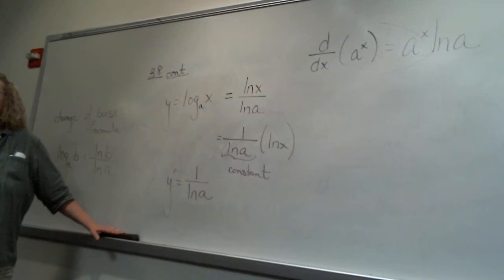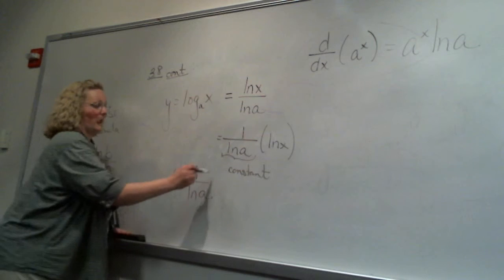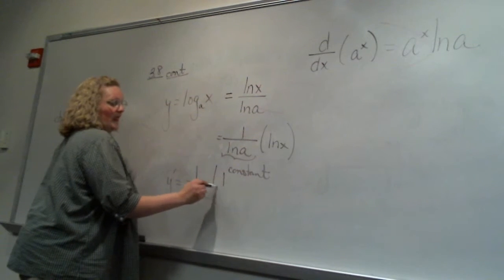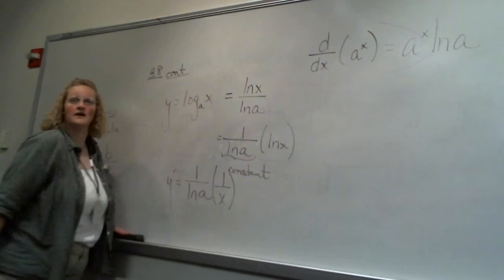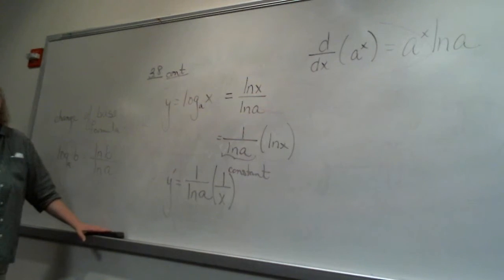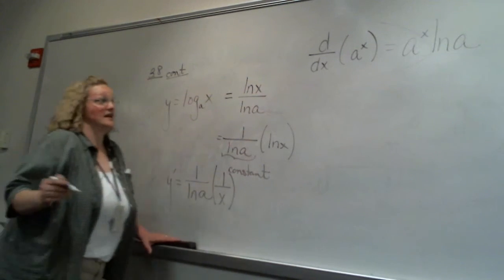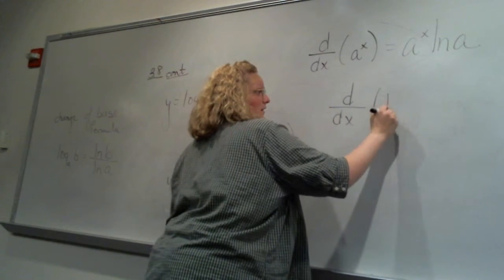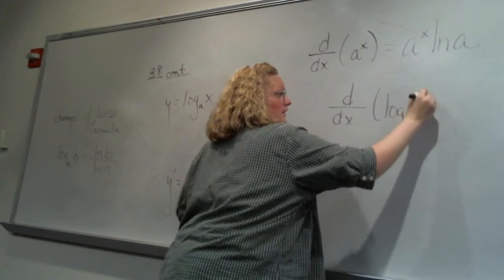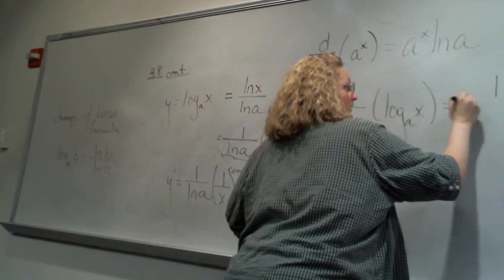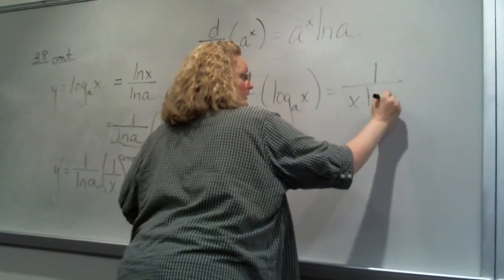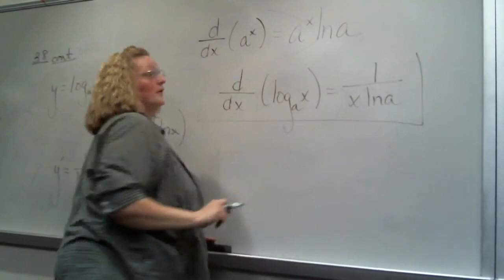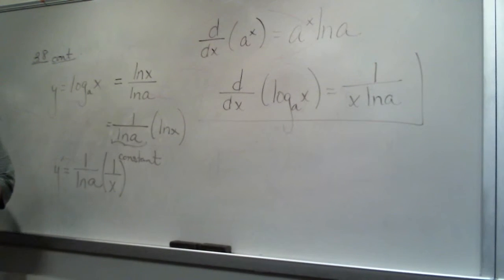Now, what's the derivative for natural log of x? 1 over x. So what's the derivative for log base a of x? This is how we write it. We write it as 1 over x times the natural log of a.